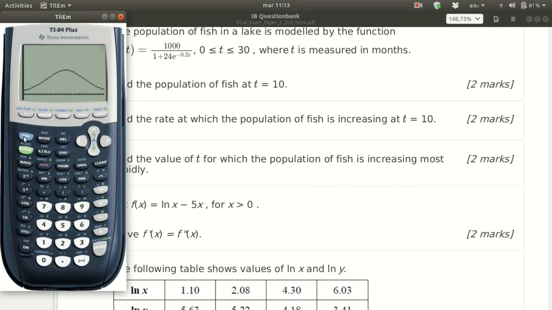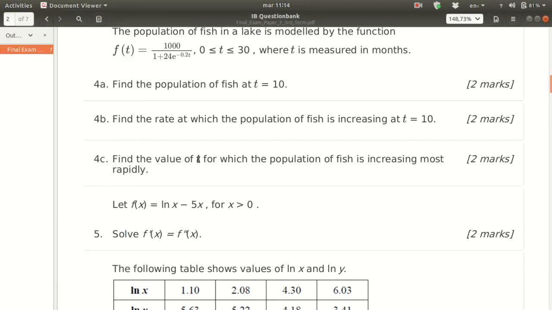So we can do second trace, maximum. All right, left boundary, right boundary, guess, just click enter. There it is.